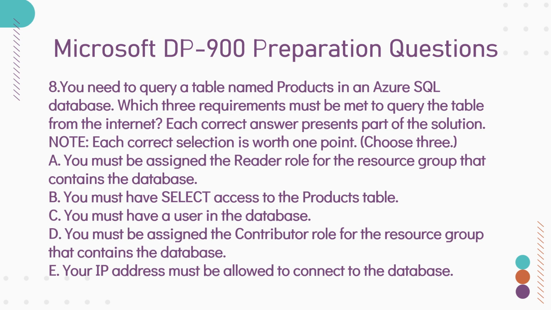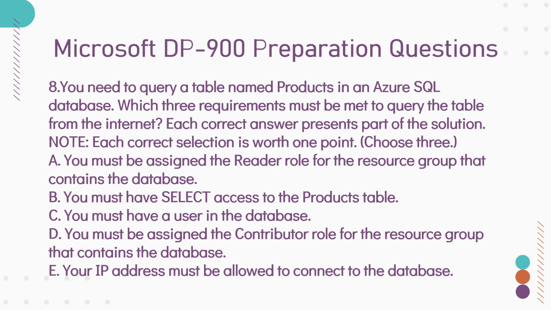8. You need to query a table named Products in an Azure SQL database. Which 3 requirements must be met to query the table from the Internet? Each correct answer presents part of the solution. Note: each correct selection is worth 1 point. Choose 3.